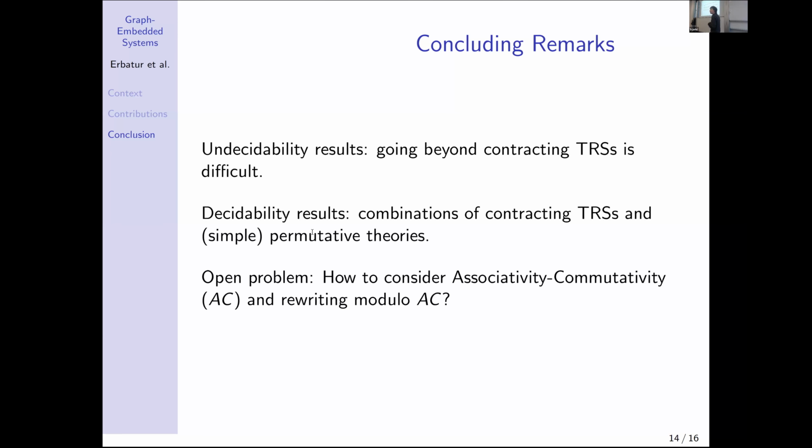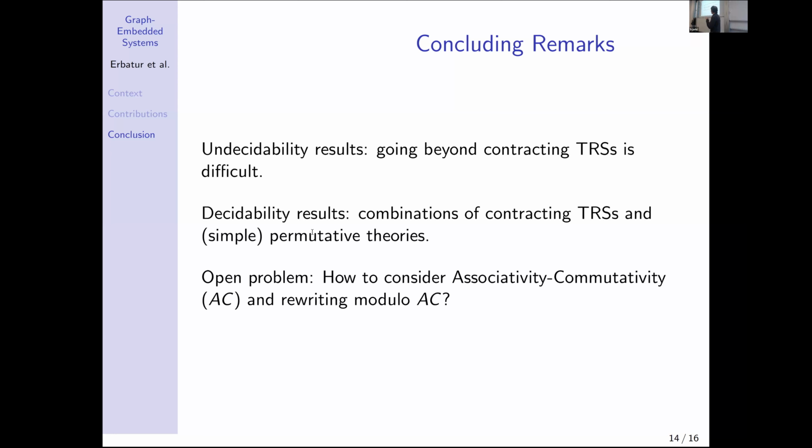in particular for combinations of contracting term-rewrite systems plus simple permutative theories. By simple permutative theories, I mean permutative theories like commutativity or shallow permutative theories. So very simple theories. Actually, we are not yet able to consider more complicated permutative theories like associativity and commutativity.